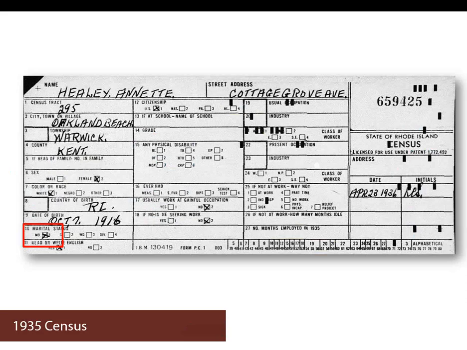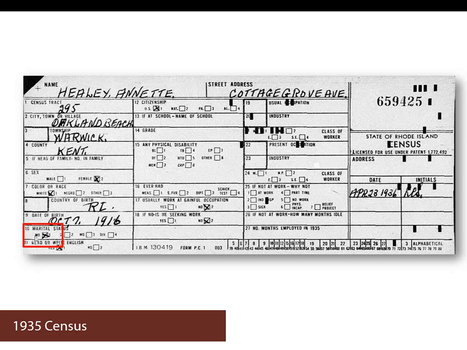Similar situation with the 1935 census, because it's all computer cards. And so in this instance, I have an Annette Healy, who is living on Cottage Grove Ave in Warwick in Kent County. And the first thing I did was I went to look and see if she was single.